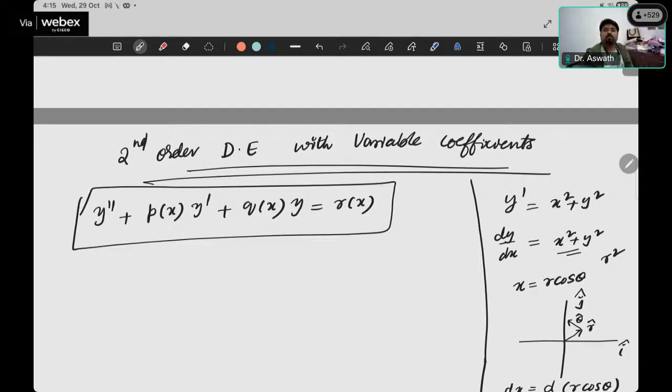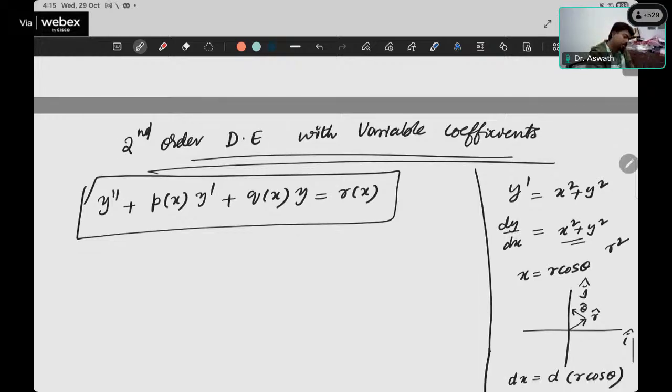So this is the differential equation I have. I can see it is an inhomogeneous differential equation. So let's consider only the homogeneous case for the time being.